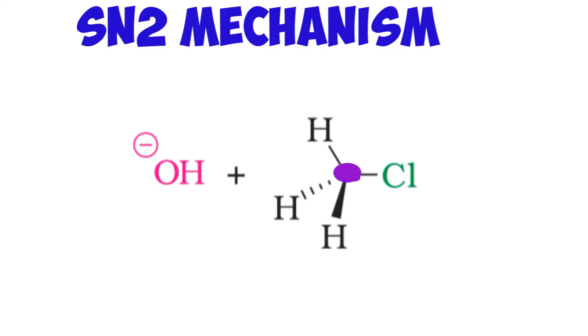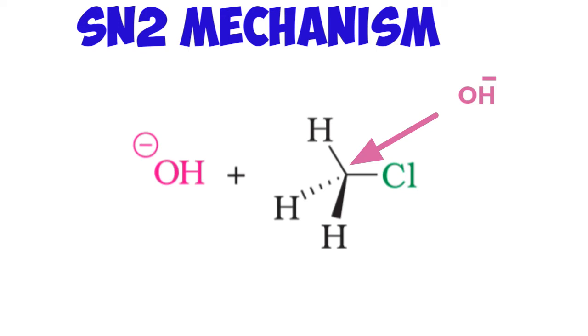And you can see this point? That represents carbon atom. So here hydroxyl group is a nucleophile and it can attack carbon atom in two different directions. That is through front side or through back. If the hydroxyl group, and we know that it has a negative charge, is attacking through the front side, the halogen atom, also with a negative charge, is also present in the front side.